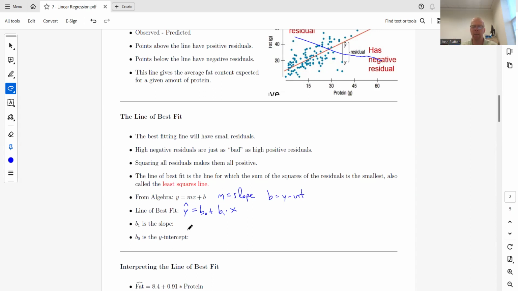The rise is 5, the run is 1. If the slope is -5, you go down 5 over 1. So this is how we interpret slope: as x increases by 1, y increases or decreases, depending on whether it's positive or negative, by b1.